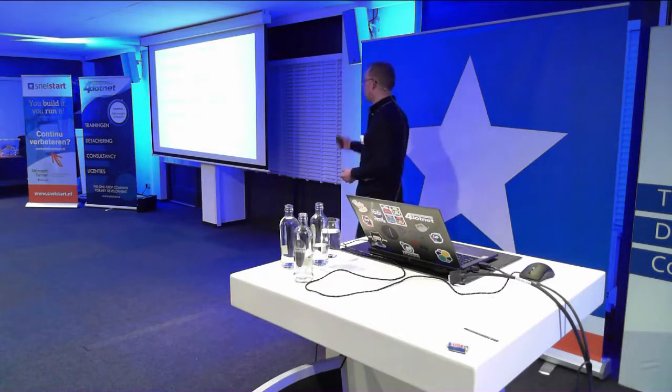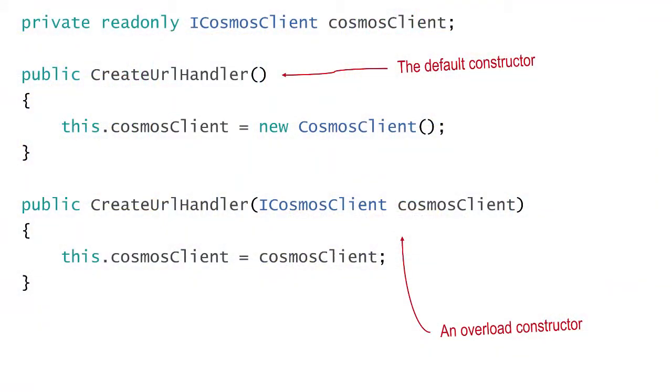I just do something like this. Having a default constructor, which I'm using throughout my functions, which is just most of the time one invocation. And having an overload of the constructor, which adds the dependency, which is only being used for testing purposes.